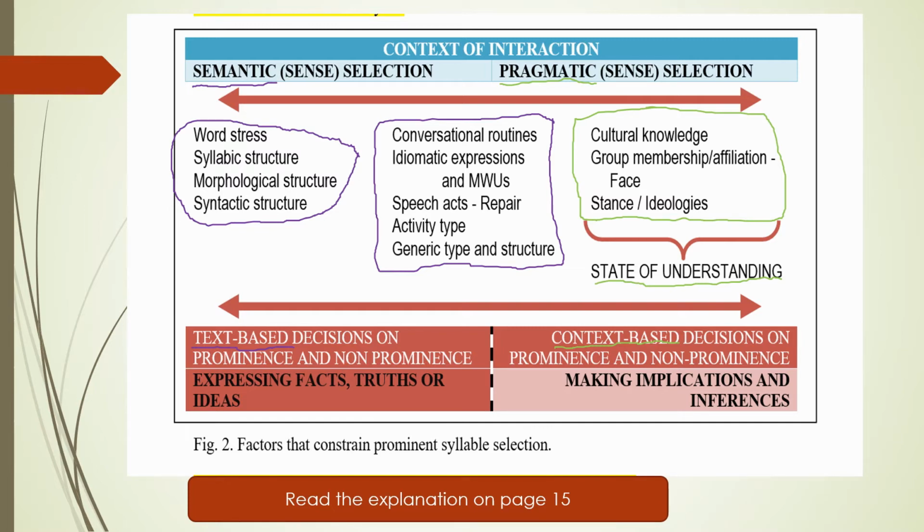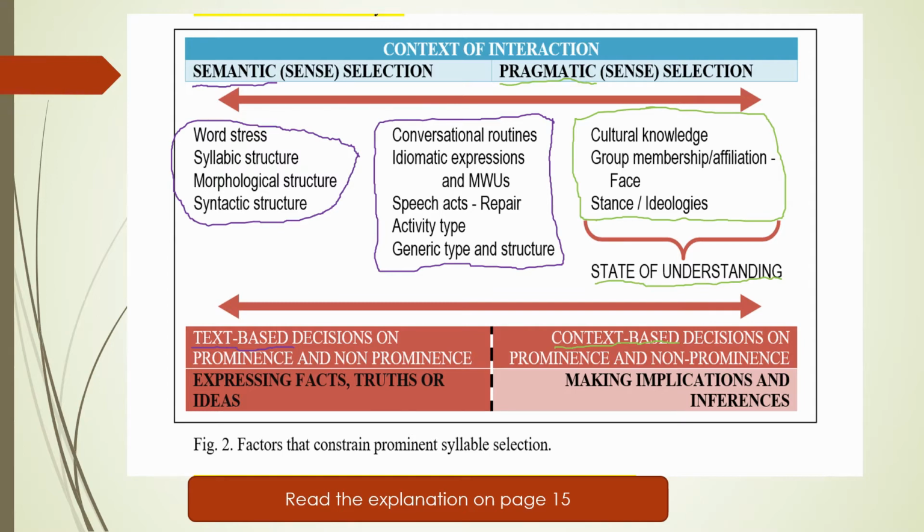In an intermediate position, these words, and prominence actually impinges on this, may make up conversation routines or idiomatic expressions or speech acts. But the difference with the first group is that although there is still a connection to linguistic rules, for example, there are certain limitations on what items are going to be made prominent in a conversation routine, they acquire a pragmatic meaning which goes beyond the semantic meaning.